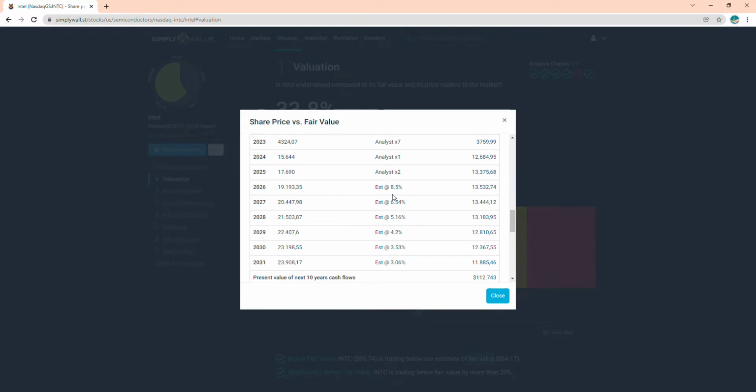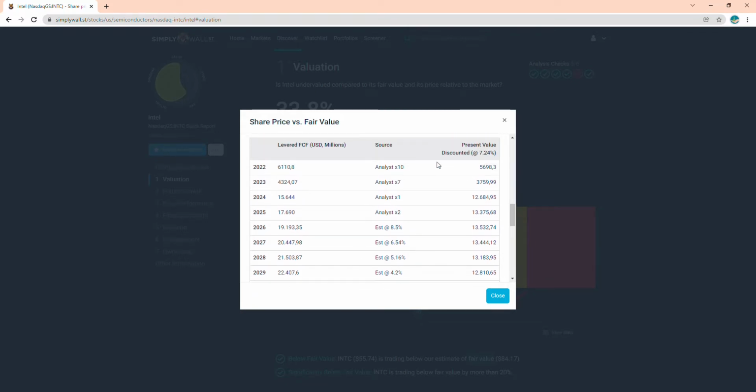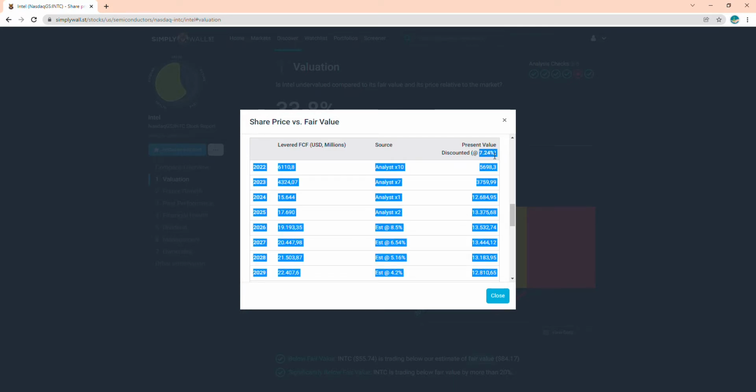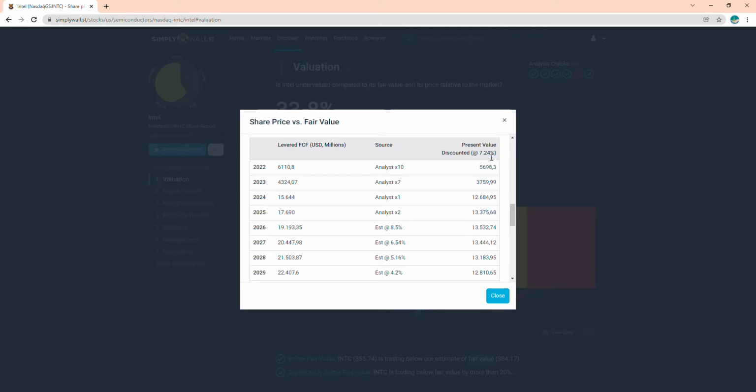So yeah, it's the second stage where the company's growth starts to decline. And as we said before, 7.2% discount rate for the calculation, which is, again, I would go for at least 10%.